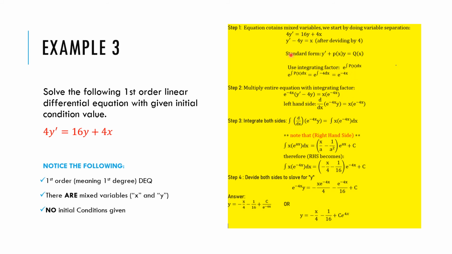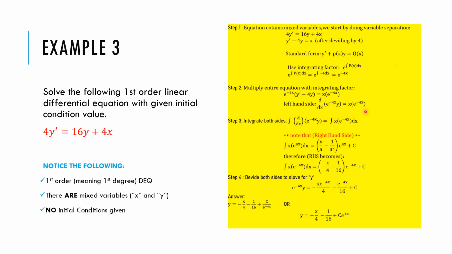That is just this right here. I'm multiplying both sides of this equation with the integrating factor. Now, after I do so, the left-hand side I get d over dx of e raised to minus 4x, the whole thing multiplied by y.